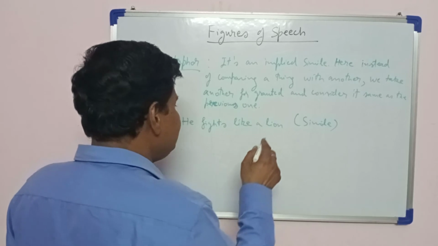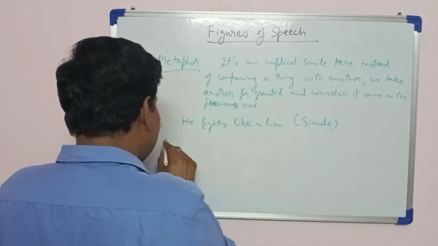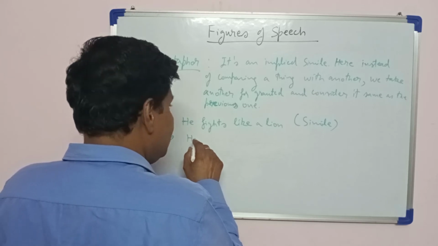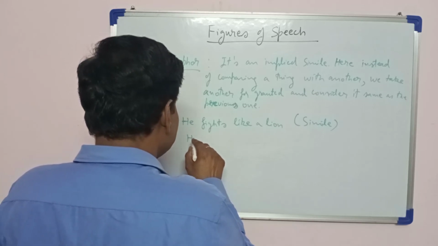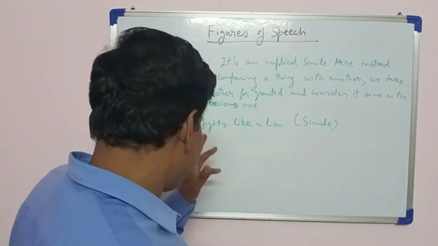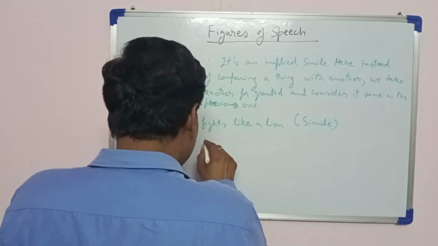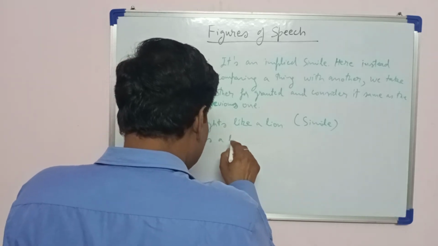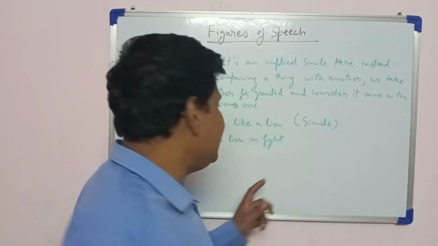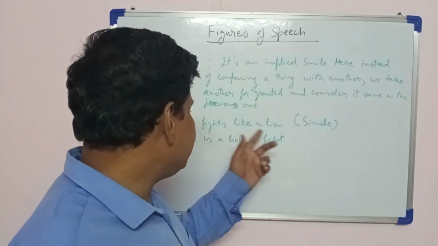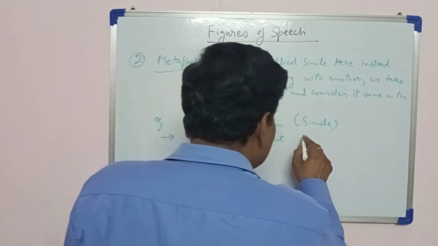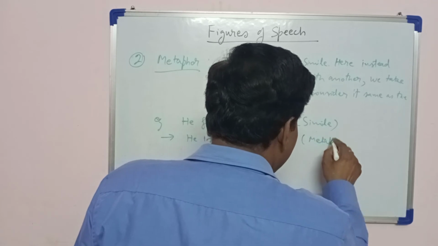But if we say he is a lion in fight, so instead of saying that he fights like a lion, we are saying he is a lion in fight. So it will be metaphor.